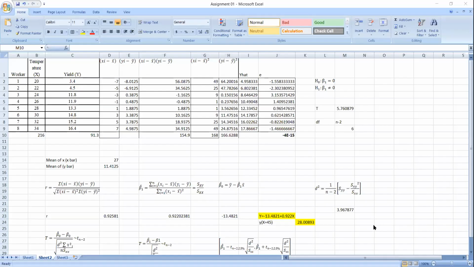Okay, so in this case, now we found the t value from the t distribution, with n minus 1 being 6, and alpha divided by 2 is 0.025.